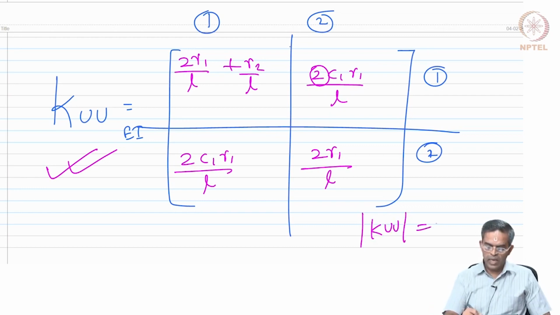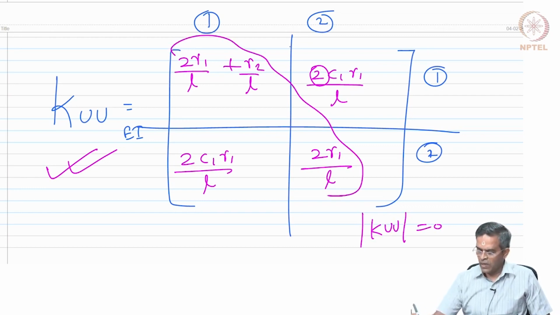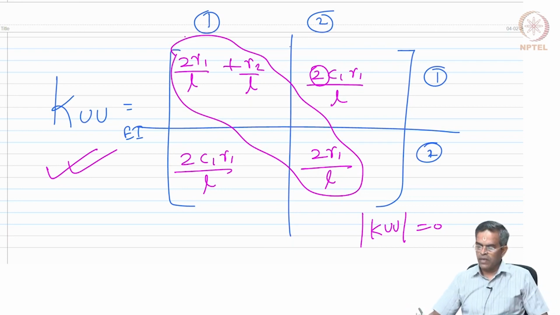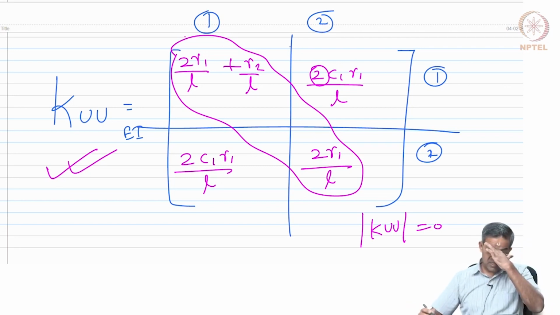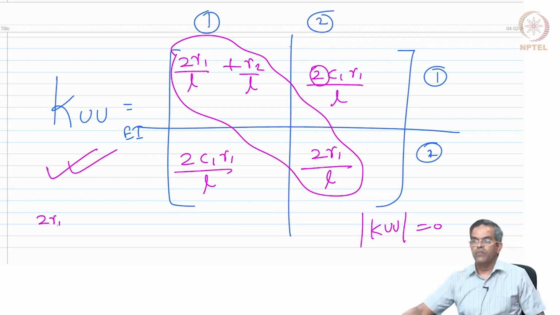Okay, friends, we have got the KUU matrix now. Now, I must set this determinant of KUU to 0. Okay. So, this diagonal multiplied minus this diagonal, and set it to 0.